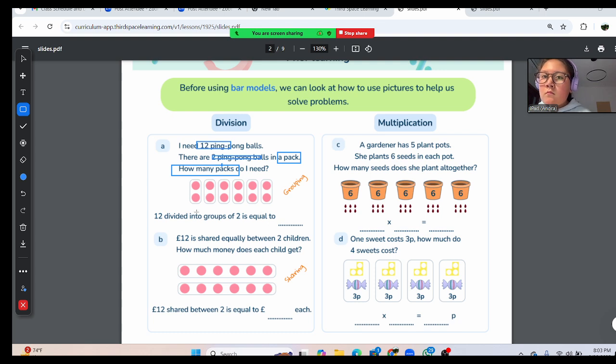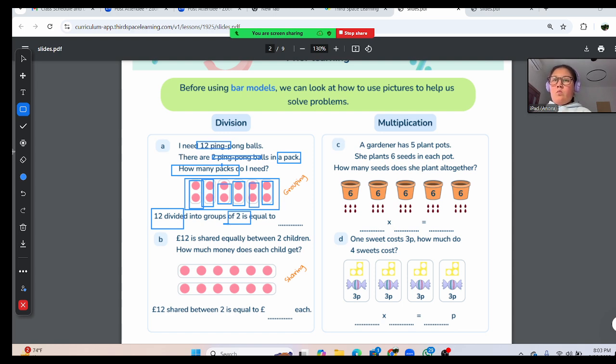So to do this kind of question, if there are 12, these are the total, right? And in each pack, there are two, right? So I can group them into two, two, two, two. So how many packs do I need? We just divided 12 by making groups of two.